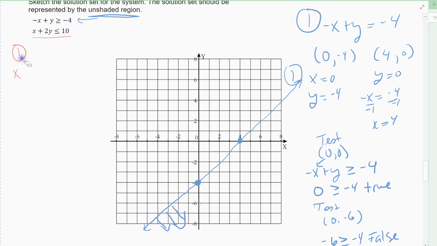So x plus 2y equals 10, and again I will use my intercepts, so I'm going to use 0 for x, 0 for y. When x equals 0, I get 2y equals 10, so y equals 5, so 0, 5. And when y equals 0, x equals 10. Alright, so there's my 2 points.